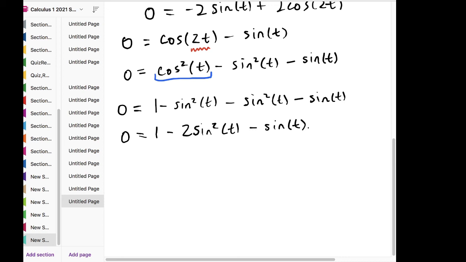Okay, so now this looks nicer, right? Everything is in terms of sine and sine squared. So how do you solve this now? Why is this solvable now? So that's a hint. It's in a form where it's solvable. But before that, you might want to change this up to make it easier.